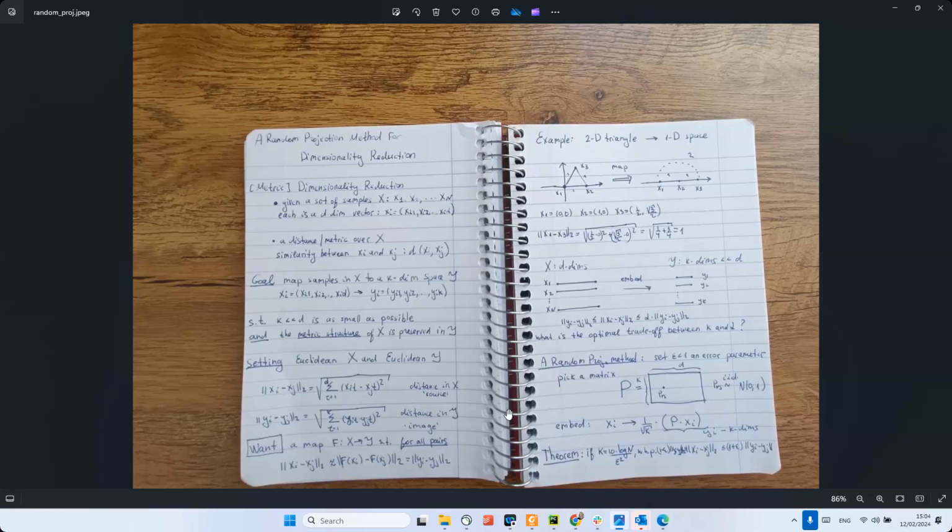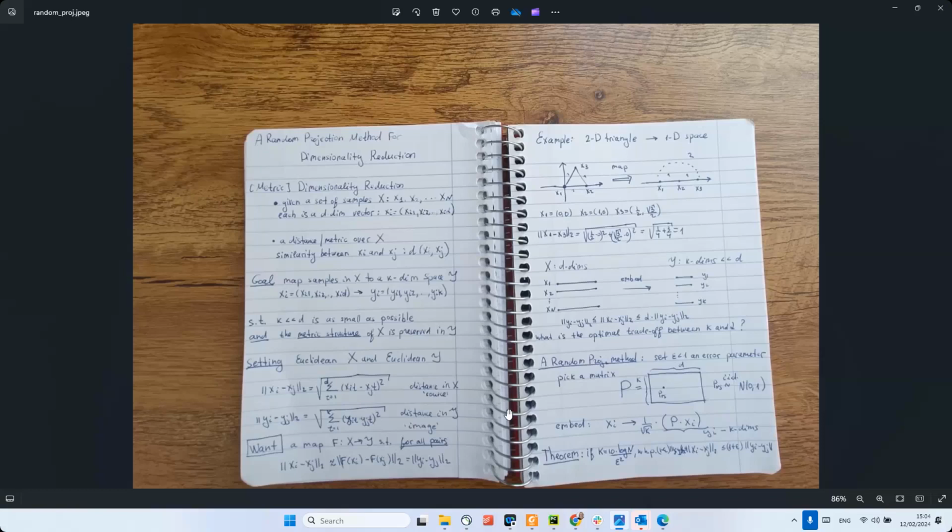And each point in this sample set, xi, is a vector of length d. So it's a d-dimensional vector. For example, xi has d coordinates, xi1, xi2, ..., xid, and we think of d as a large number. So we have n vectors, each of length d.